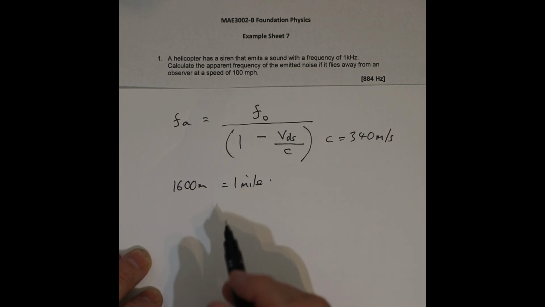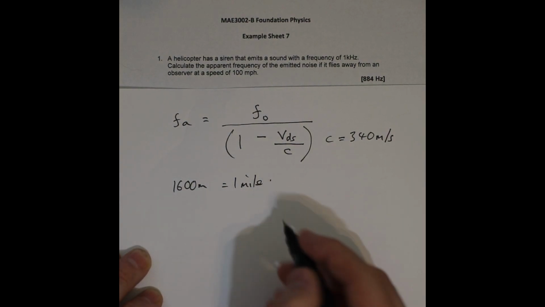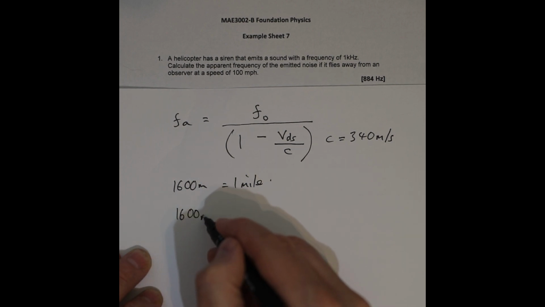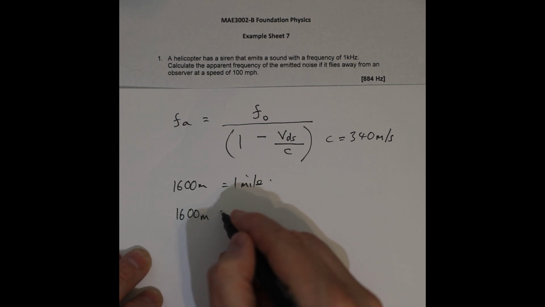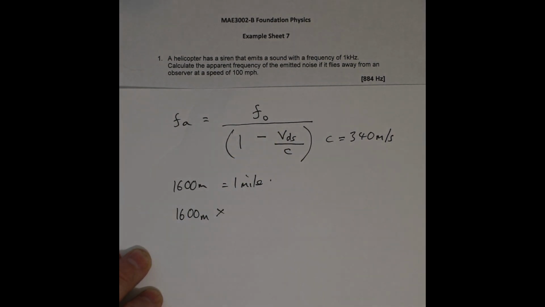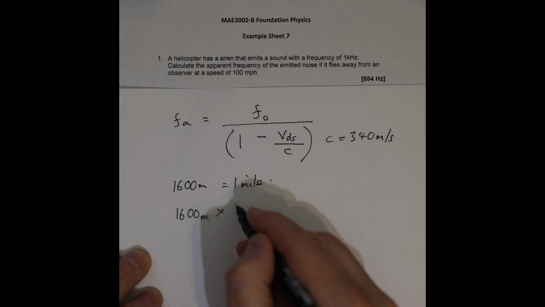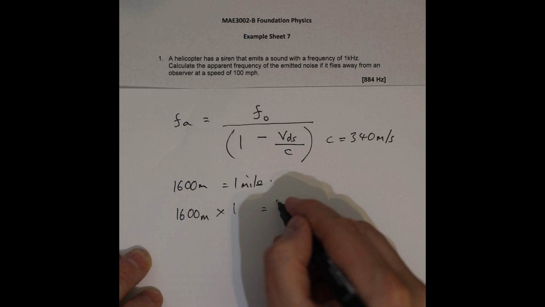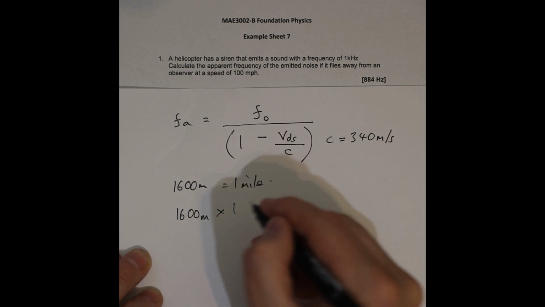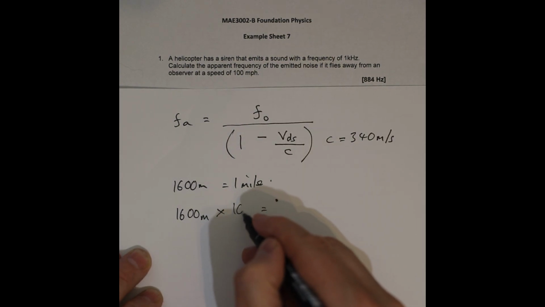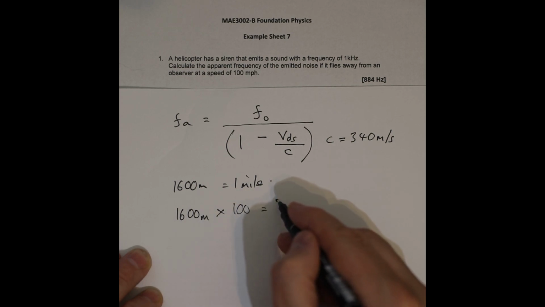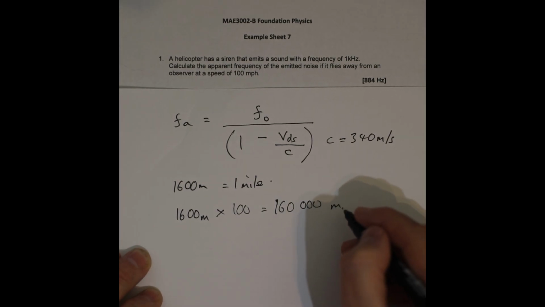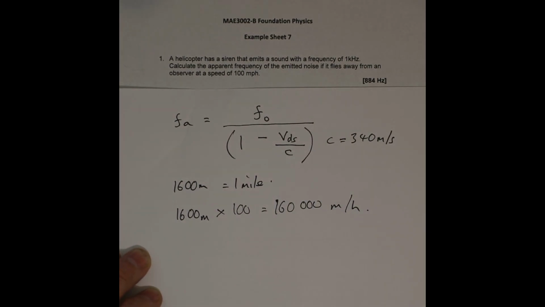In meters per hour, the helicopter is going to travel 1600 meters times 1 hour, times 100 because it's 100 miles per hour, which is equal to 160,000 meters per hour.